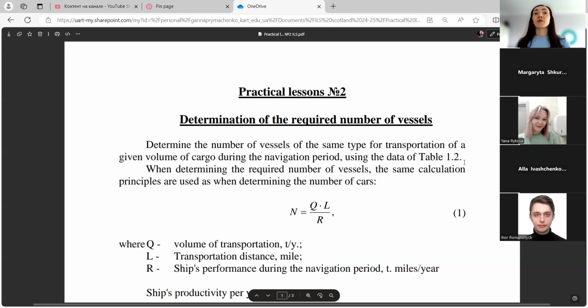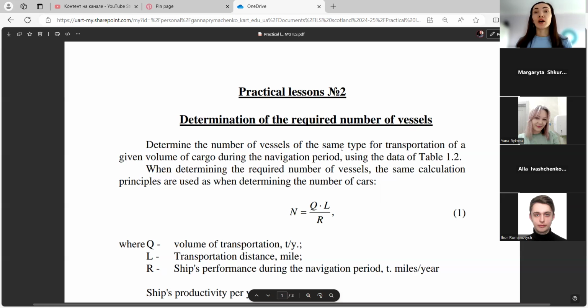If we say about sea transport, navigation period is more, but it is different for different countries, so we need to see what the temperature is, what the weather is, and can we use sea transport or not, for example. So it is very important information and we use it in our decided today.